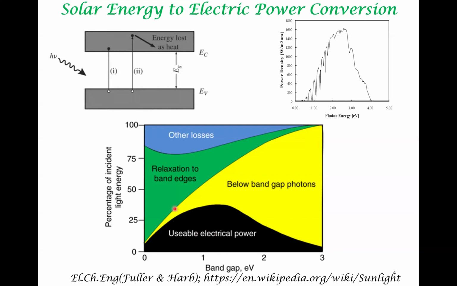So this kind of trade-off, what do you mean by trade-off? Typically in engineering, when you increase something, something else decreases. When you increase the band gap, this heat energy loss decreases, but the amount of photons that can be absorbed decreases. So that's the trade-off. So your optimal property is somewhere in between.